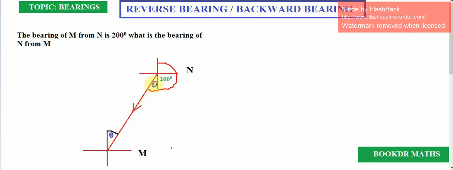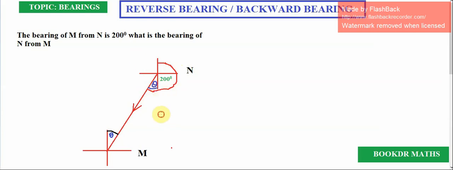So here will also be theta. Once we know the value of this small angle theta, then it is the same thing as the value of this angle. But looking at this place, the total turn from this point up to the line is 200, but from here up to the south is 180.